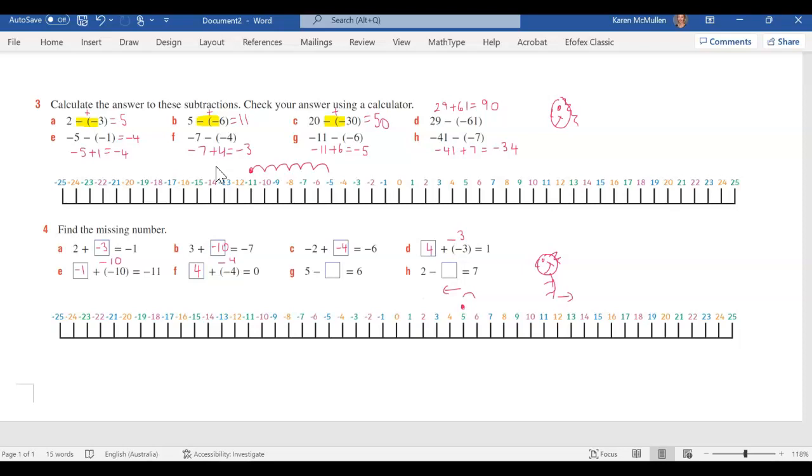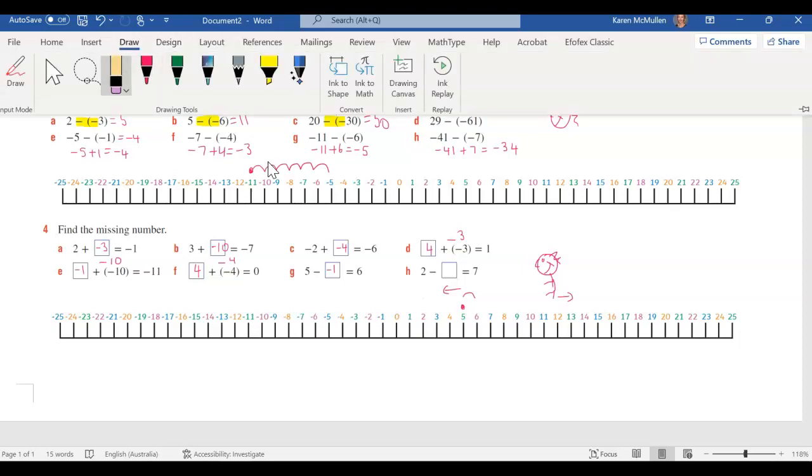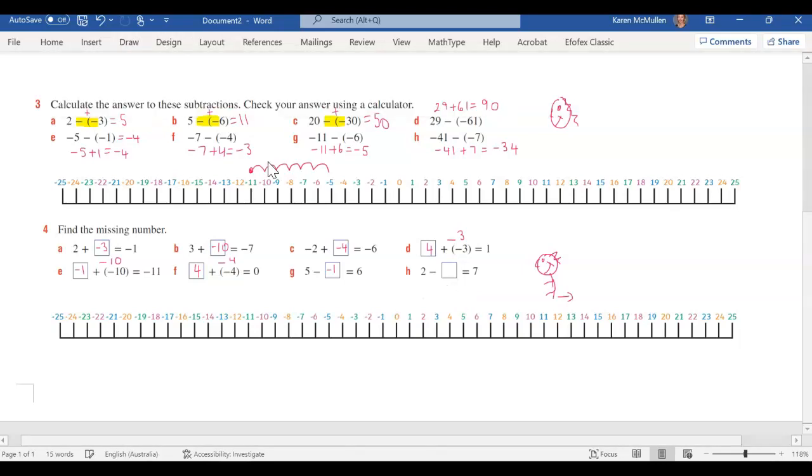So we're moving backwards, so we're going to be subtracting 1. All right, these types of questions we'll have to do a bit more in class with the little dogs when I can get them to you. All right, and question H is very similar, so let's do that together on the number line.